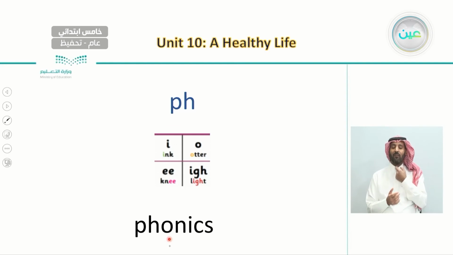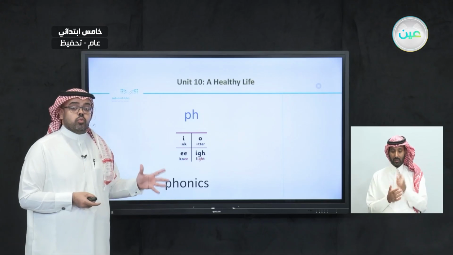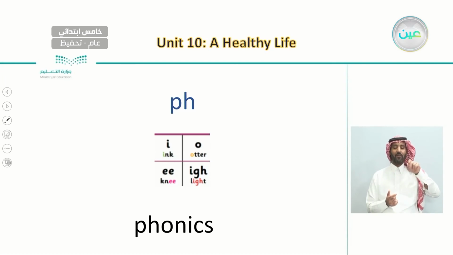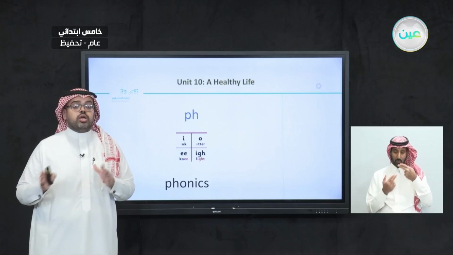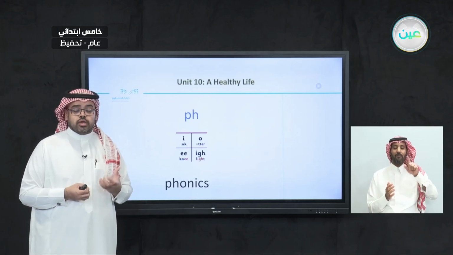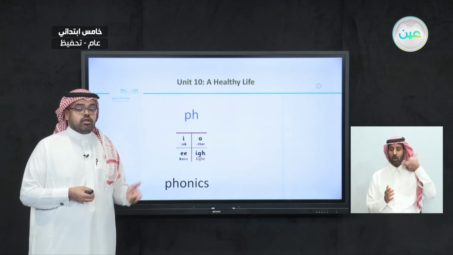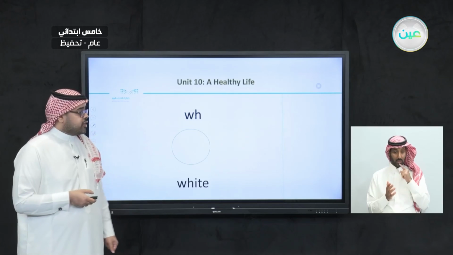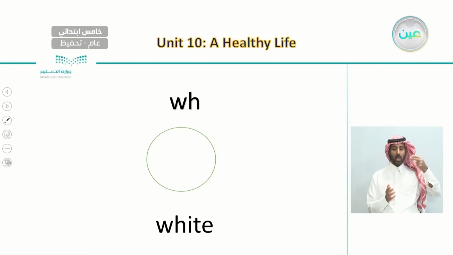Phonics. From these examples, we now know that any word that has P and H, whether at the beginning or in the middle like elephant, is pronounced with an F sound. Phone, elephant, phonics.